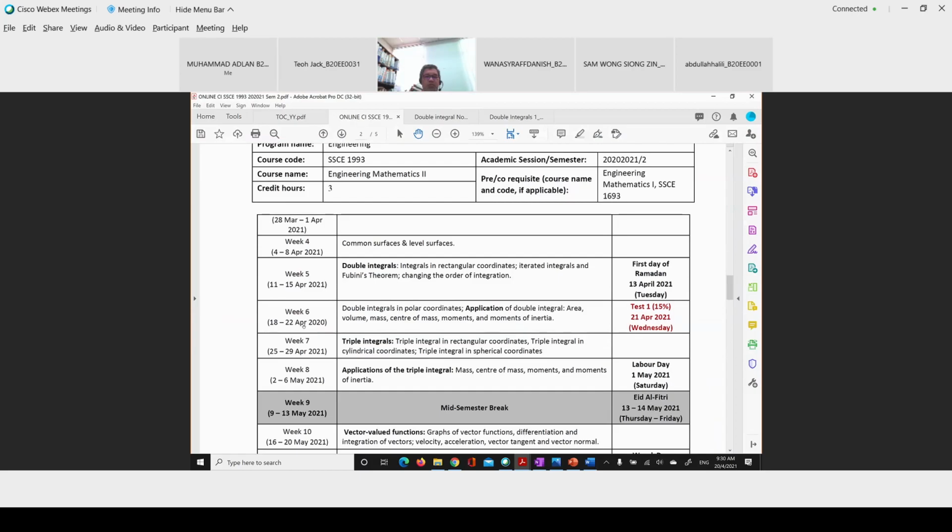Double integrals in polar coordinates, I will discuss this in our next meeting, this Monday and Wednesday. But applications of double integrals, I don't think we have time to cover. Maybe just one topic, maybe area or volume, but mass, center of mass, moments, we don't have time to discuss. According to the schedule, we need to discuss triple integrals next week.